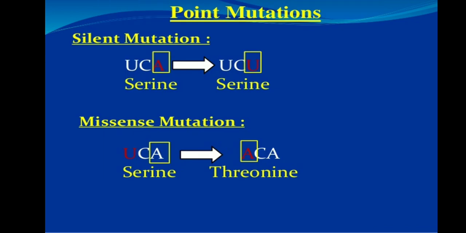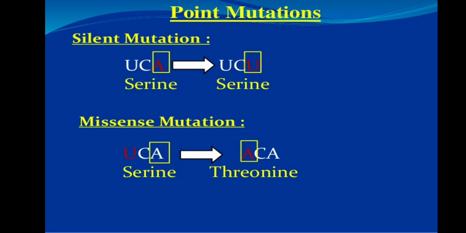Because of a point mutation, sometimes, luckily, it will be a silent mutation, or it may lead to danger like the missense mutation, and then amino acids can be changed.